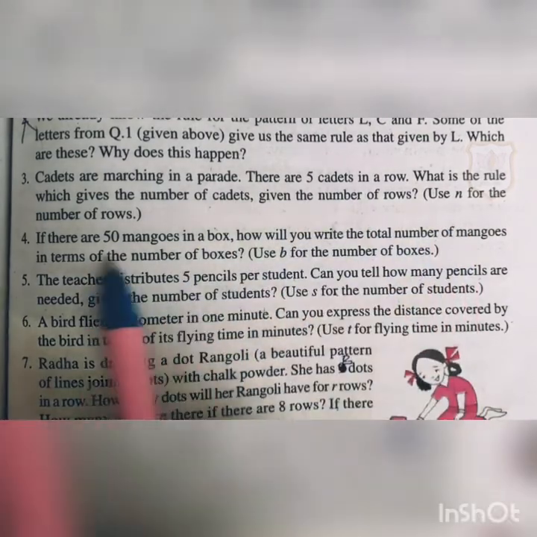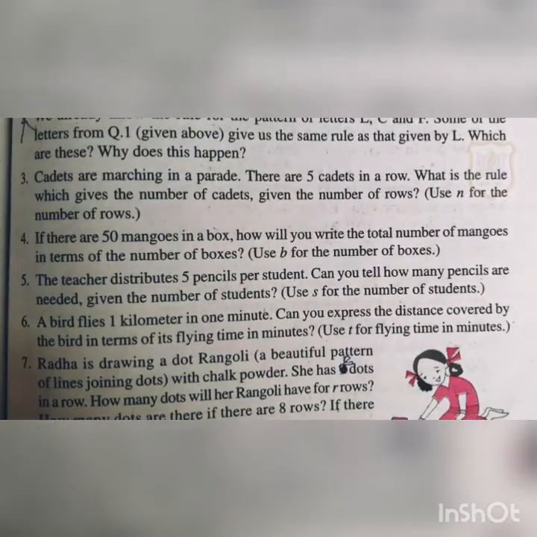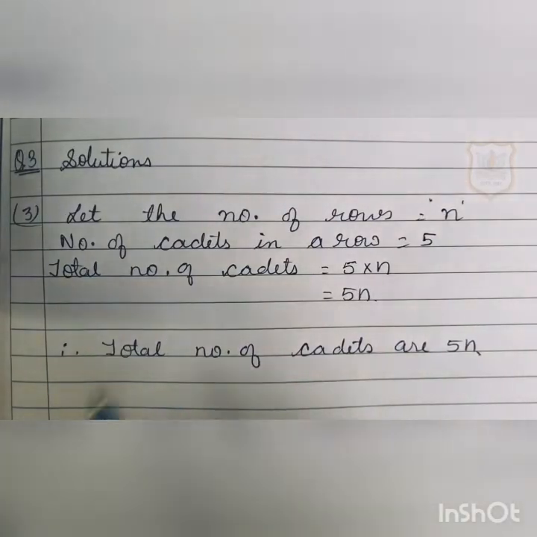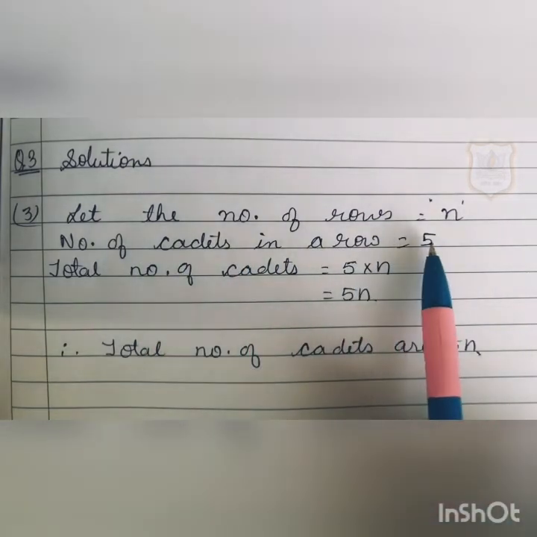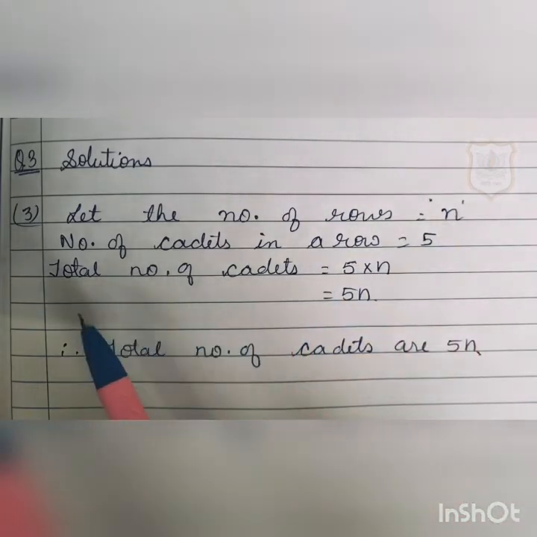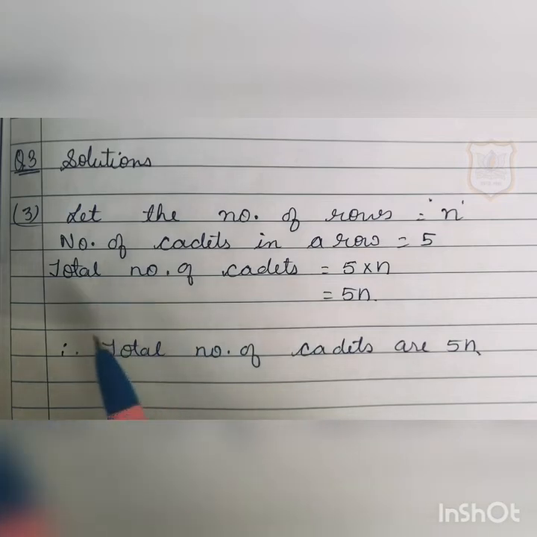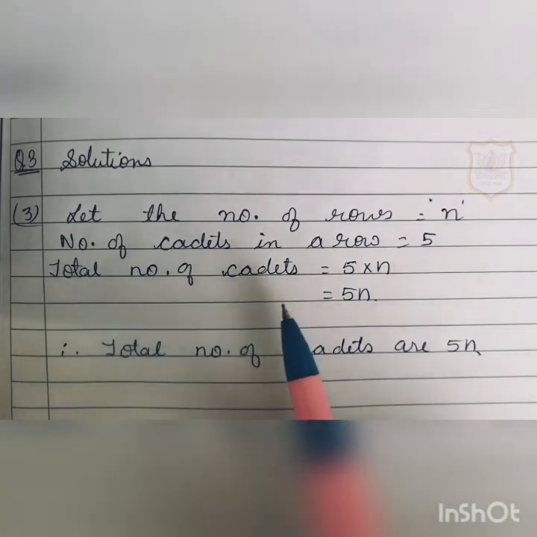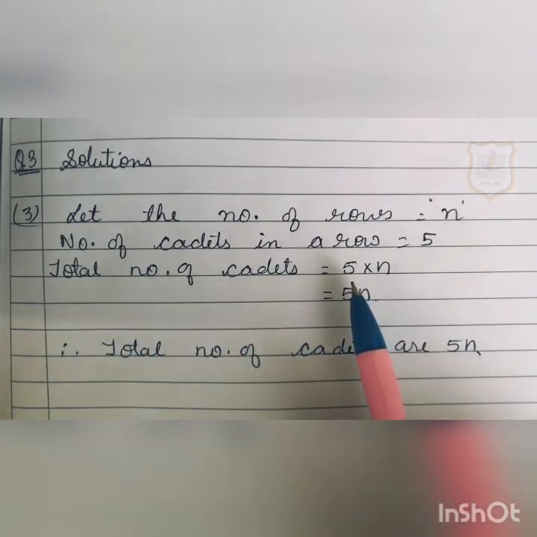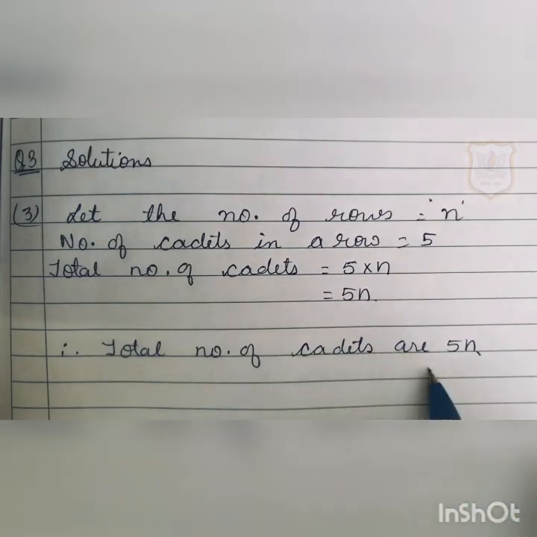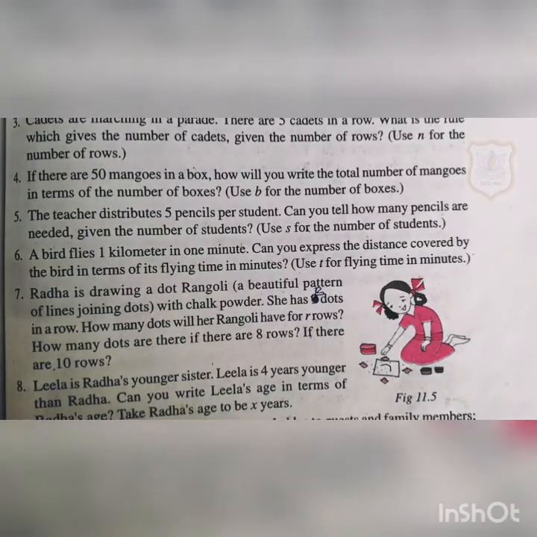So solution: let the number of rows be n. And we have seen that the number of cadets in one row is 5. So what will be the total cadets? The total cadets is equal to 5 multiplied by n, that is 5n. Therefore, the total number of cadets is 5n.